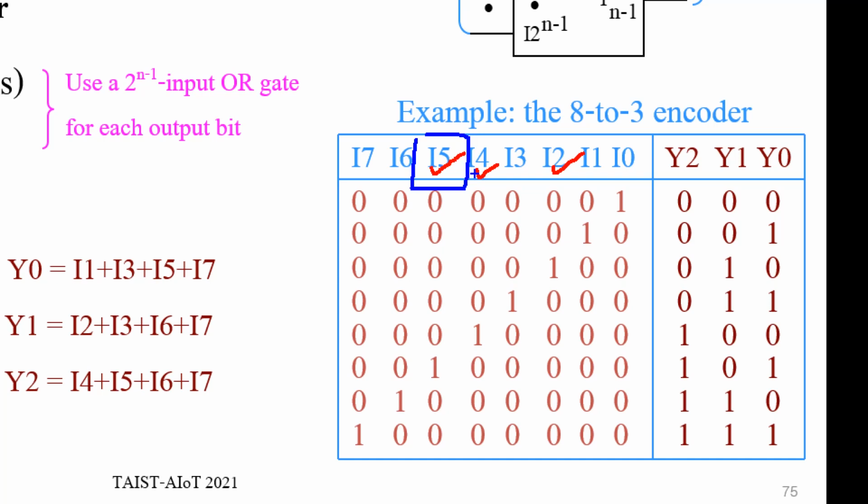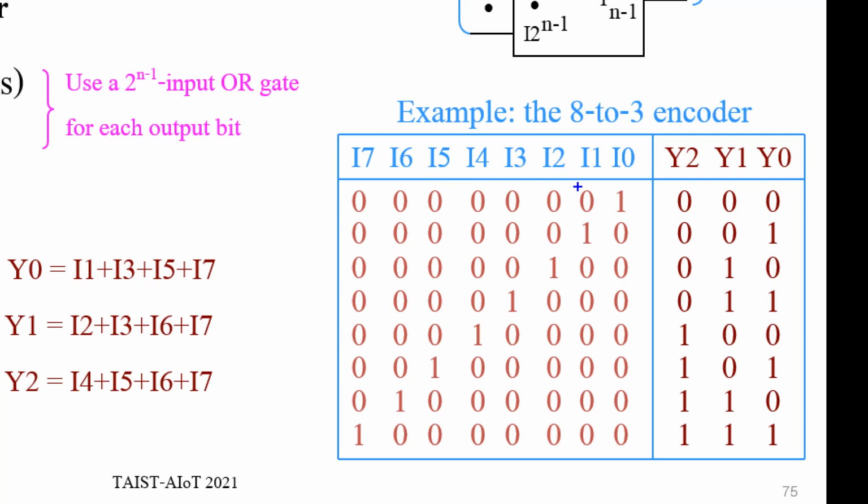For example, if I5, I4, I2 are active, the result should be 101, corresponding to I5, the highest input that becomes active.